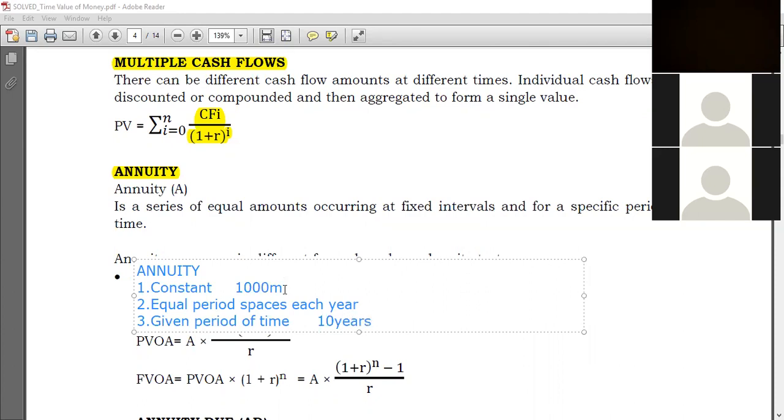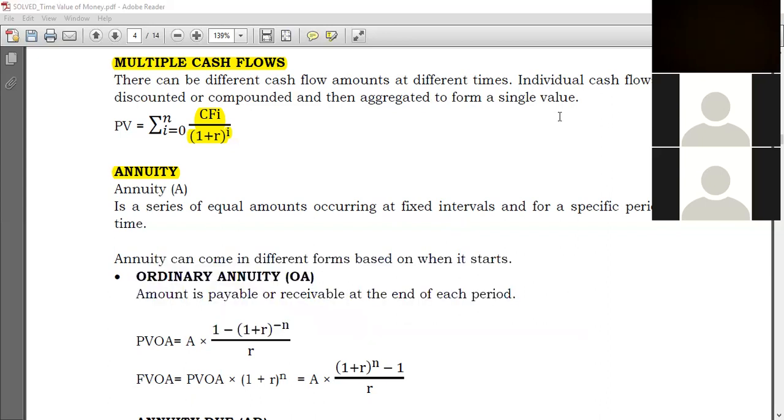If you do something like this, it's something we call an annuity. It's constant, it's receivable or payable in equal period spaces, and it's received for the given period of time. If no given period of time, if you just receive it infinitely, that's the perpetuity, not an annuity. So you have to understand that very clearly.